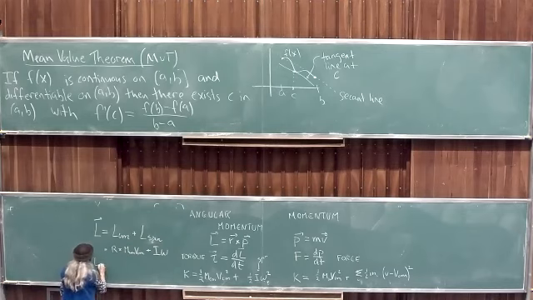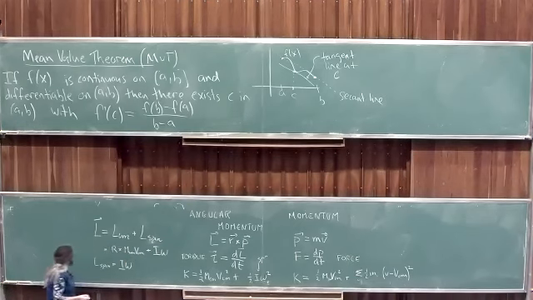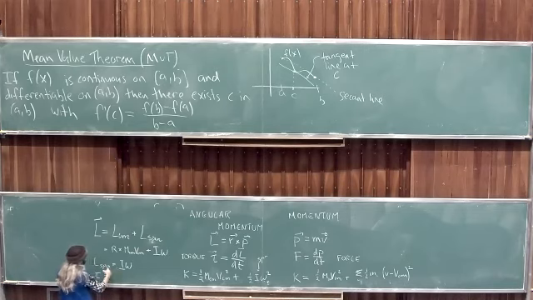So the L spin is I omega, and likewise when we write the torque, it's the time derivative of this.